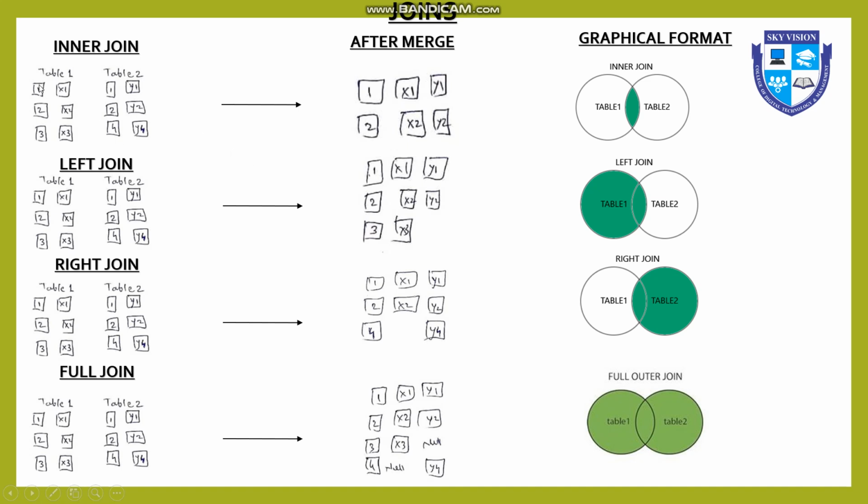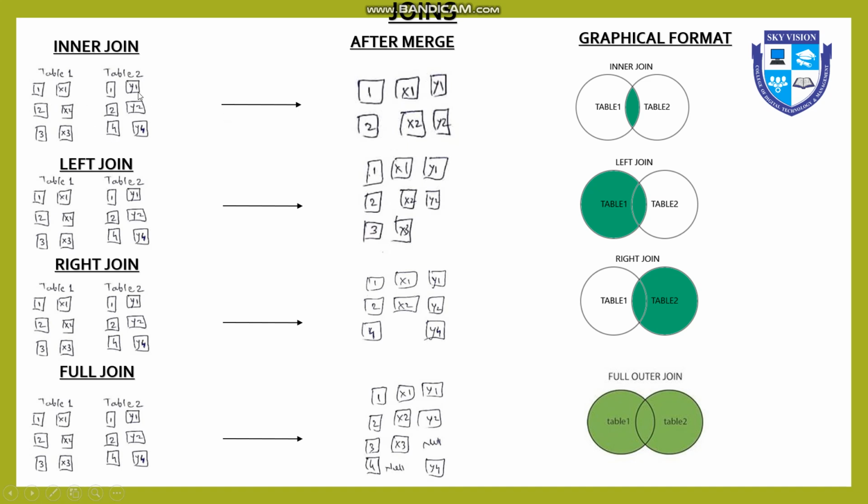So basically I only take the similar data: 1 is present, 2 is present, and x1 belongs to 1, x2 belongs to 2. I am not taking x3 because 3 is not in table number 2, since this is the inner join.